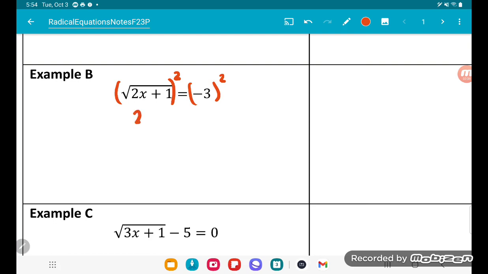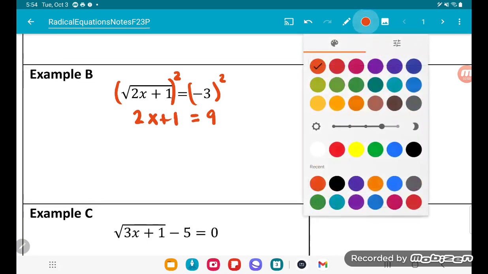The left side turns into 2x plus 1. Please remember, to undo a square root, you raise it to the second power, or you square. So 2x plus 1 equals positive 9. Negative 3 times negative 3 is a positive 9, or negative 3 squared is a positive 9.